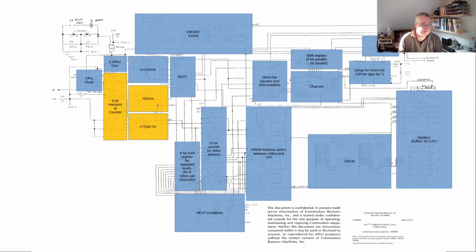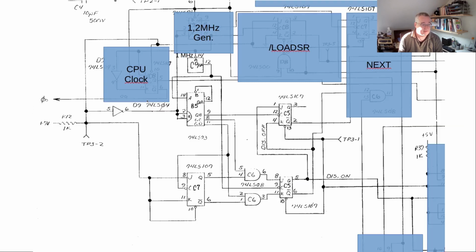So those are generated with this logic. And if you have a closer look, we can see here this is actually a 6-bit counter. So it's part of that chip that divides by 8 to get the 1 megahertz from the 8 megahertz clock.